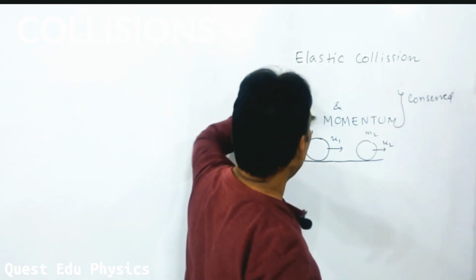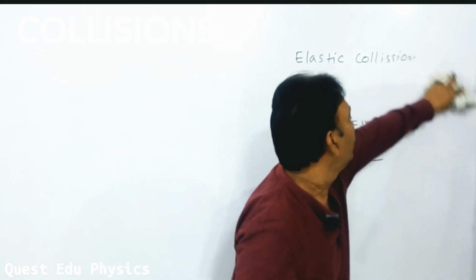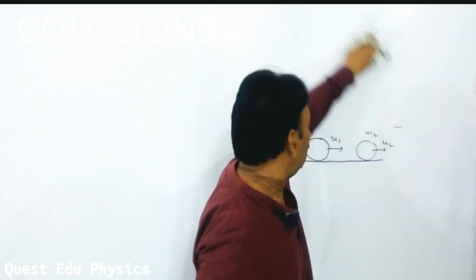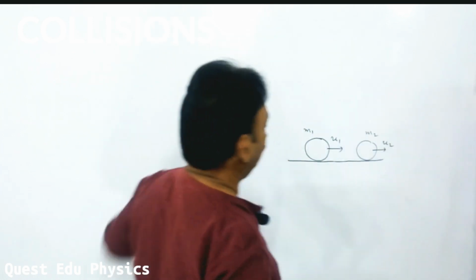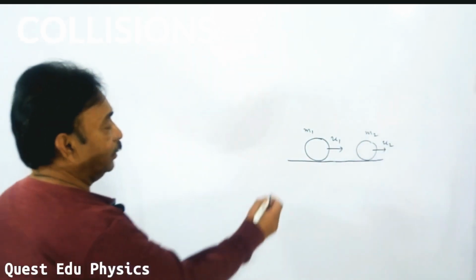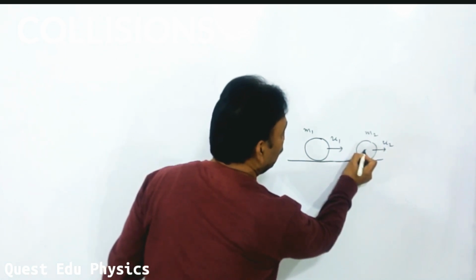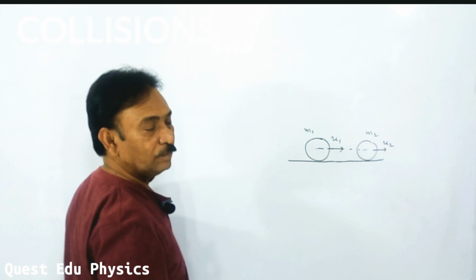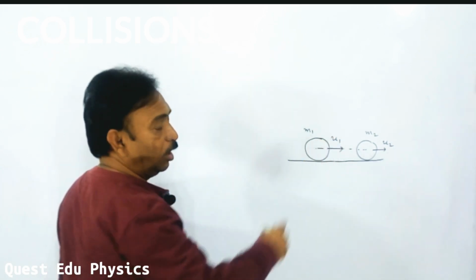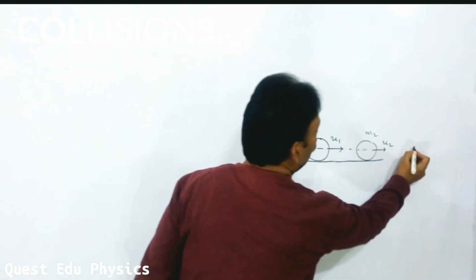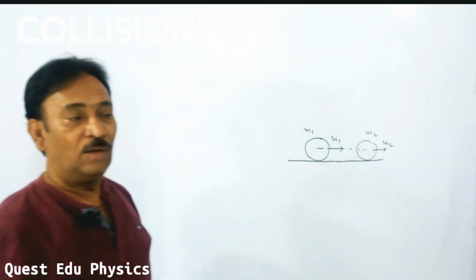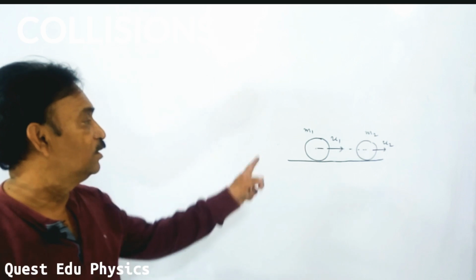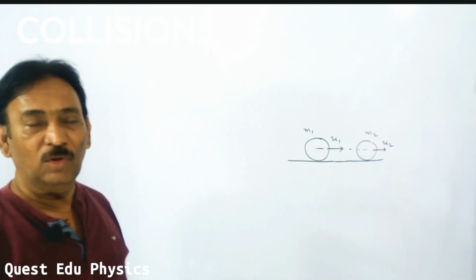Temporarily, the second body will lose its shape, then come back to its original state. We discussed that already. Then see, this is the line of action of the force. After the collision, they move along the same line. We call it a head-on collision.